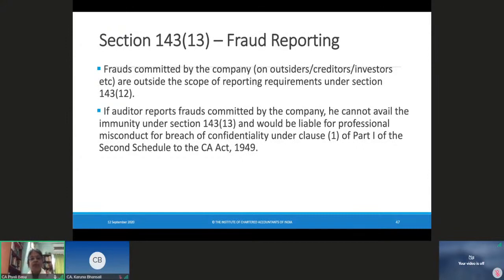And if the auditor reports frauds committed by the company, he cannot avail the immunity of section 143(13) and would be liable for professional misconduct or breach of confidentiality under clause 1. Now, what does it mean?